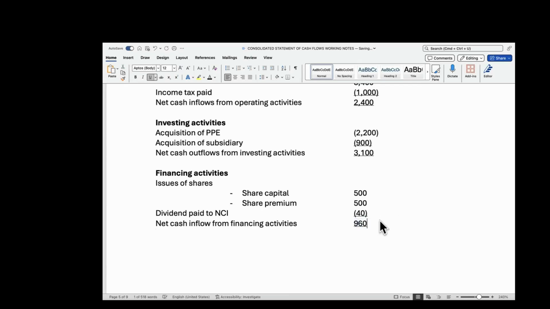Okay. So reconciliation of cash and cash equivalents. Cash and cash equivalent during the year, which is 2,400 outflow.